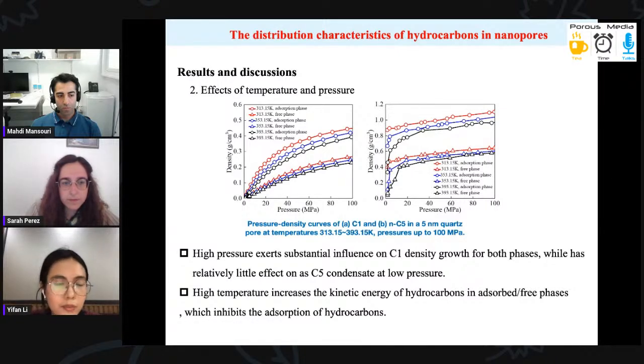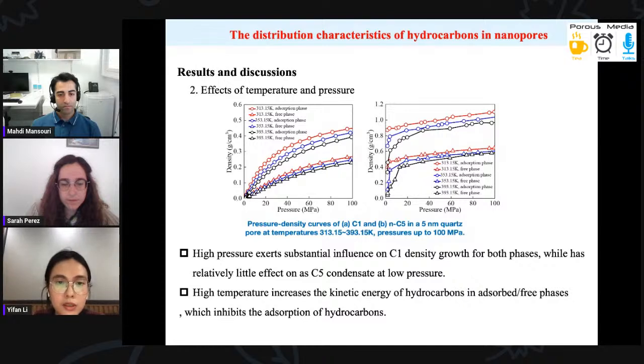As we know, temperature and pressure exert substantial influence on fluid properties, whether in bulk conditions or in nanopores. From this chart, as the pressure goes up, the density, for the lines of both the adsorption phase and the free phase, goes up.